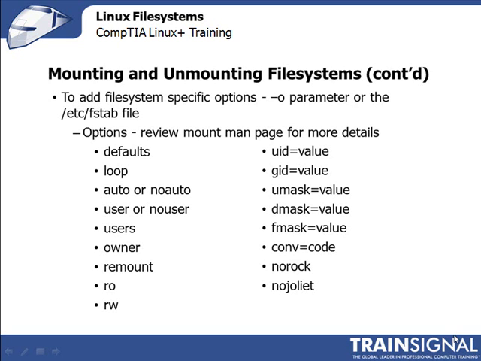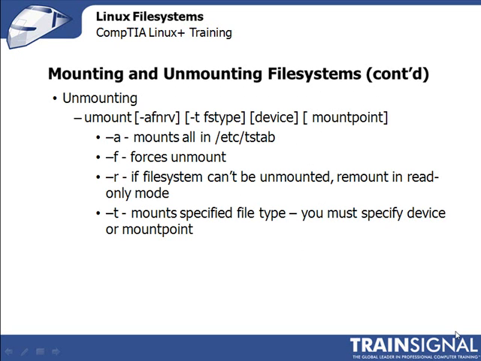But they are defaults, loop, auto or noauto, user or nouser, users, owner, remount, ro, rw, uid equals the specified value, gid equals value, umask equals value, dmask equals value, fmask equals value, conv equals code, norock, and nojoliet.